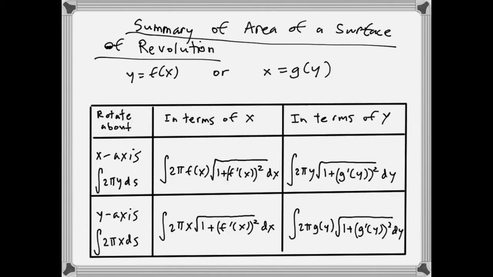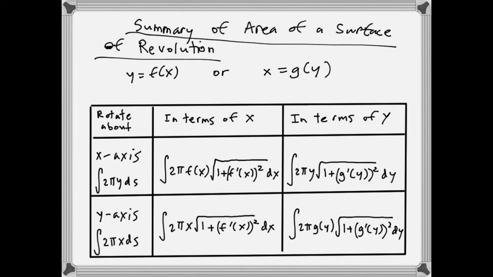Okay, everybody. I've taken the time to make a table here, and please copy it down, and I want to explain what is going on in this table. So this is a summary of the different area of surface of revolution formulas. The reason why we have so many choices here is because, number one, we have to look at the problem and see what axis we're rotating about. So if we're rotating it around the x-axis, we're going to use the first row of this table.